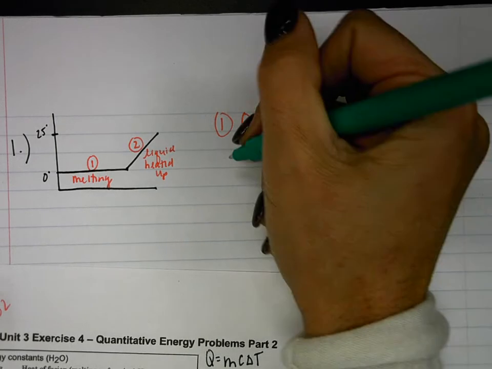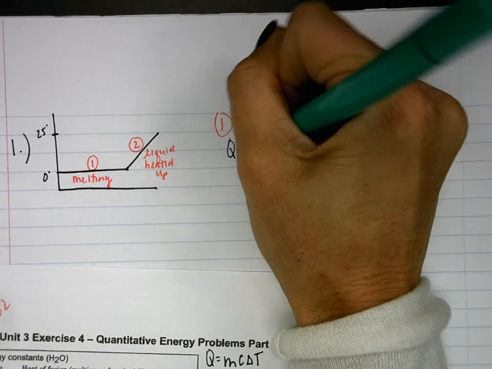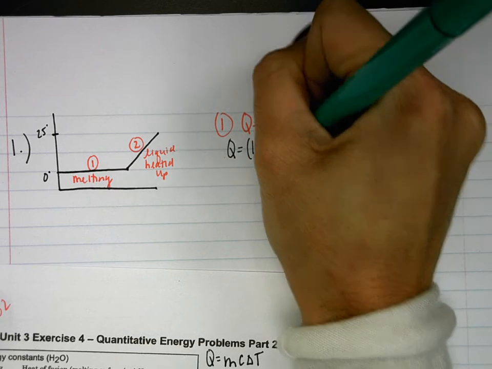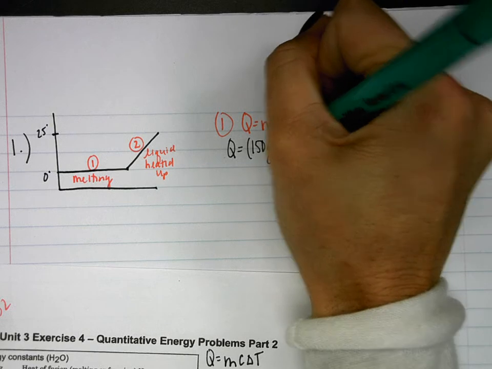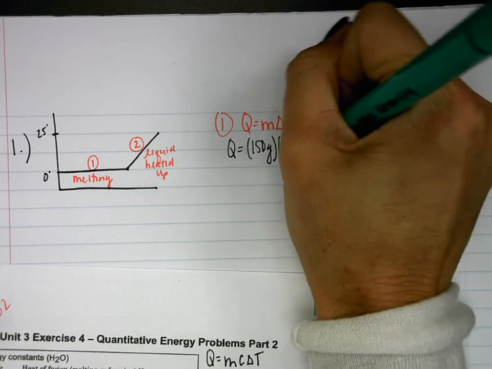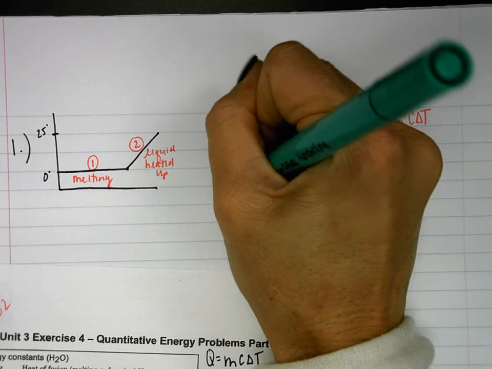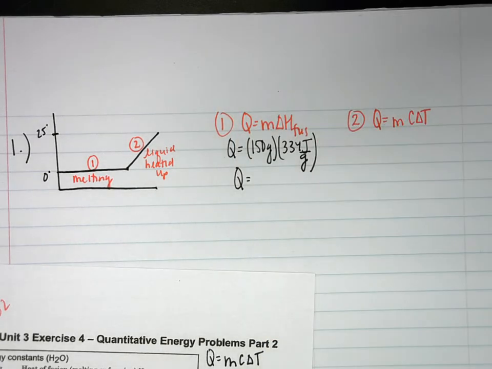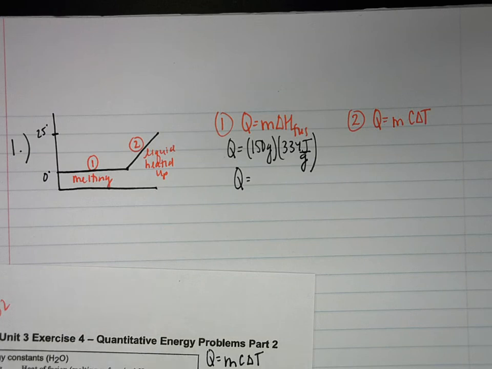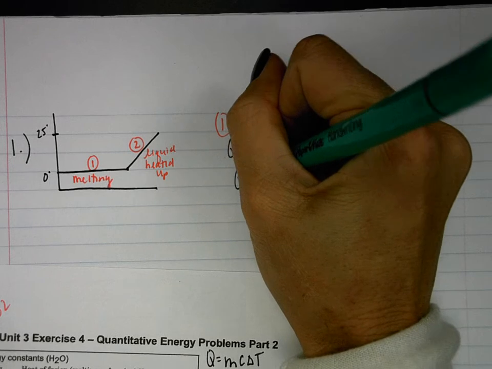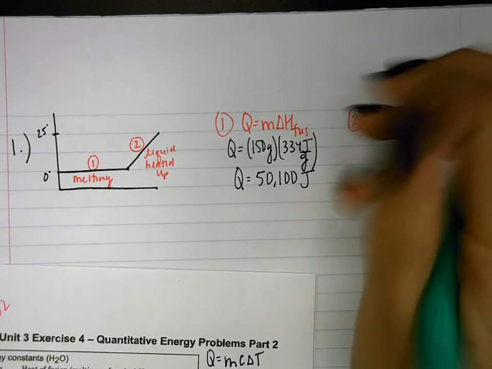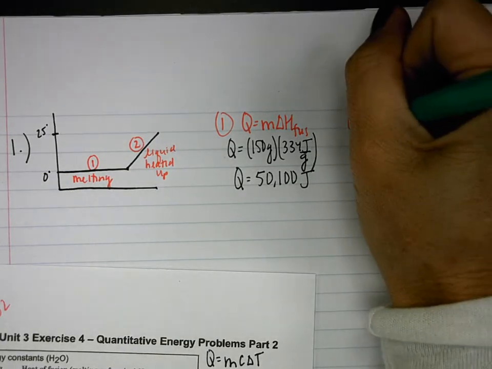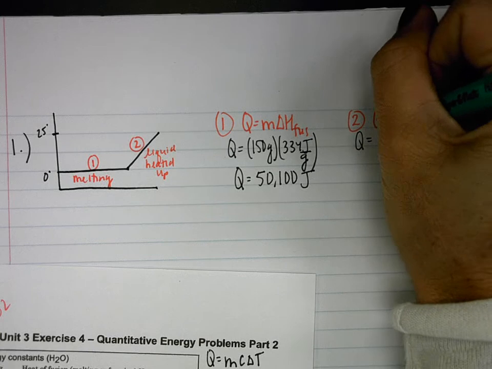So we're going to plug in our information. For Q, we have 150 grams of ice. The heat of fusion for water or ice, melting or freezing, is 334 joules per gram. So 150 times 334. I'm not rounding anything yet. Then for the second part, where the liquid is heated, we didn't lose any water, so we still have 150 grams.